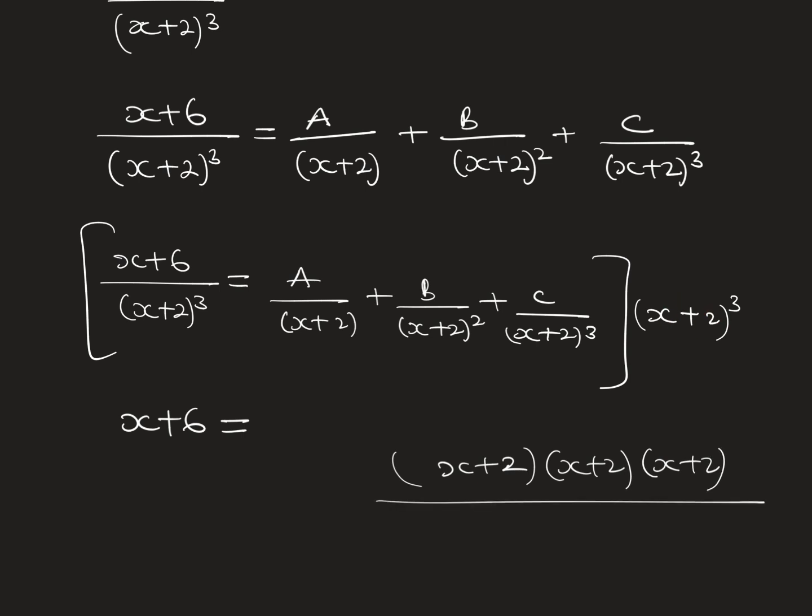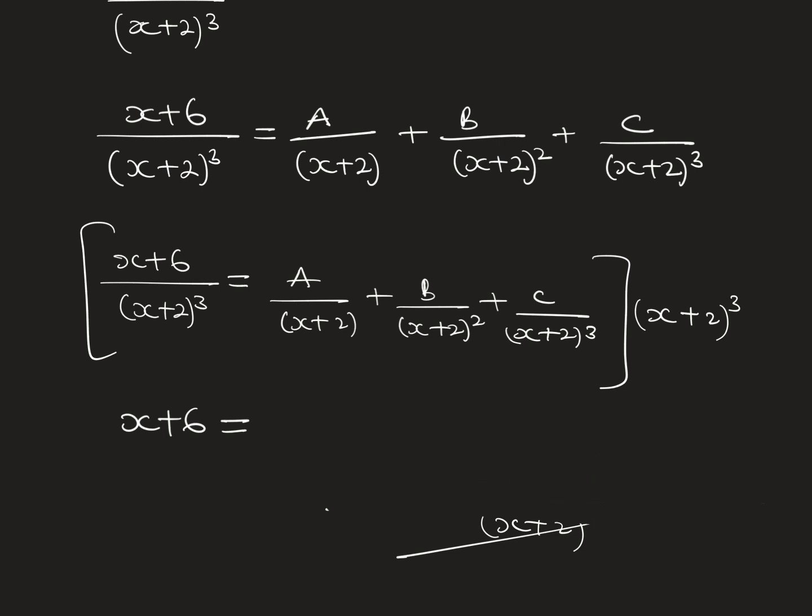Then we divide it by this x plus 2, which means this will cancel this. So what are we left with? We are left with x plus 2 into x plus 2. So that is what we will multiply with a, okay? So we'll have a into x plus 2 into x plus 2, all right?